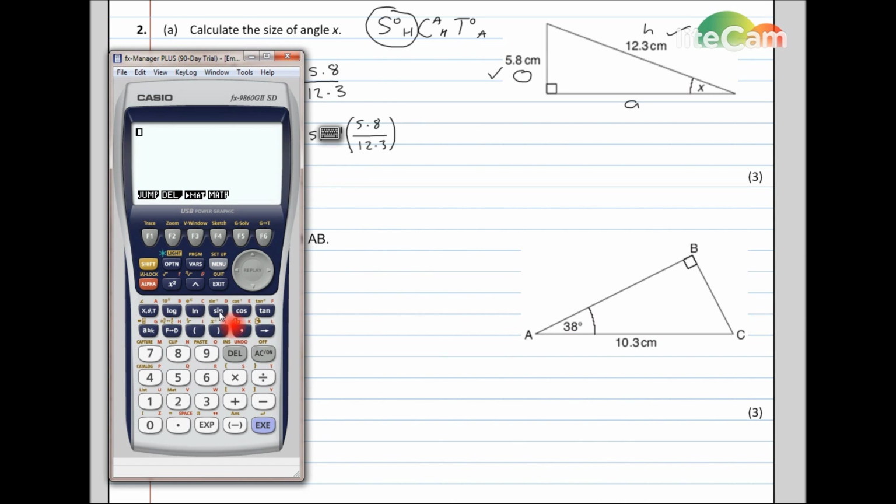So sine minus 1 button on a calculator is just above the sine. So we're going to use the shift button. Sine minus 1 of, we'll put a fraction in, 5.8 over 12.3.